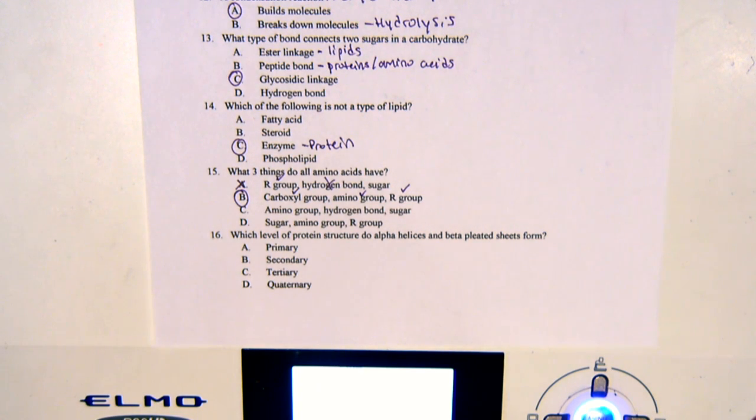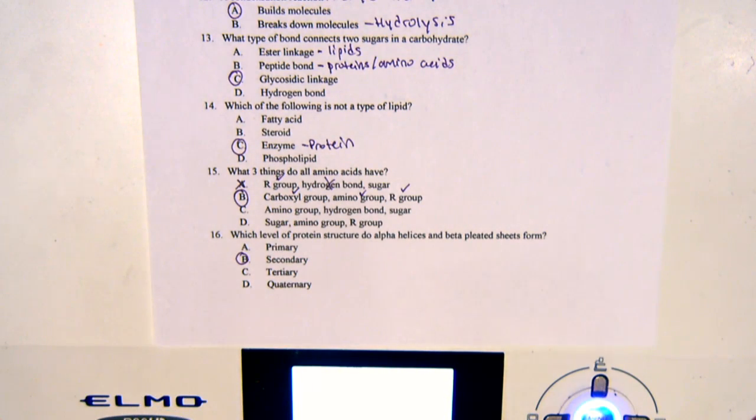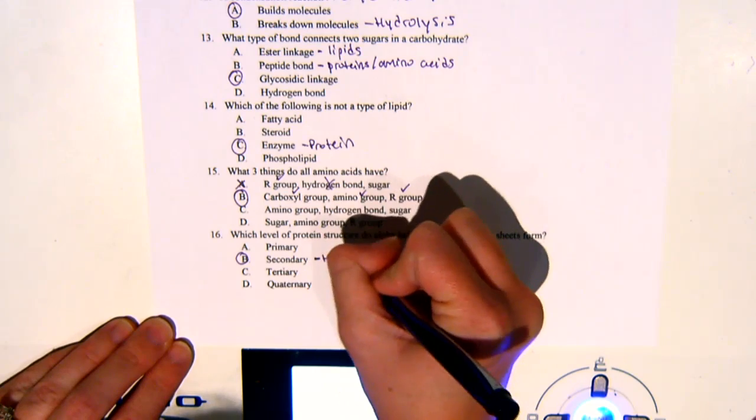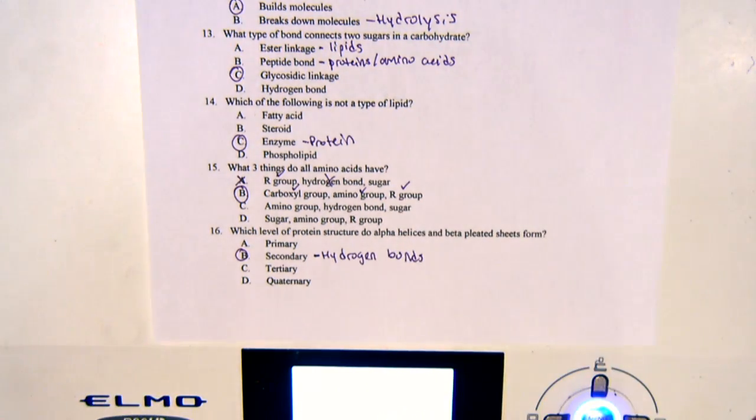Which level of protein structure do alpha helices and beta pleated sheets form? This is going to be secondary. What type of bonds do we use when we're making beta pleated sheets and alpha helices? Hydrogen bonds. What type of bonds do we use in primary structure?